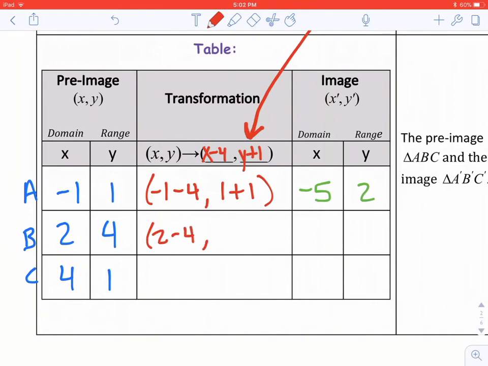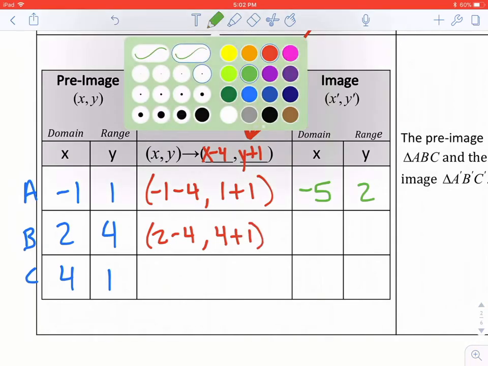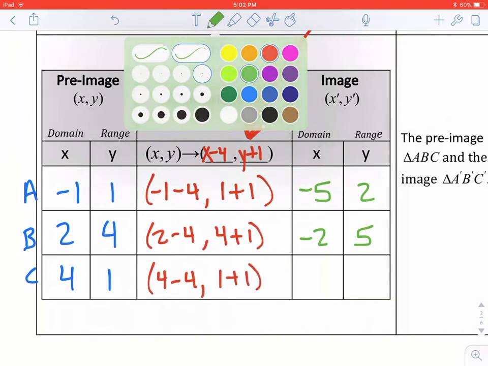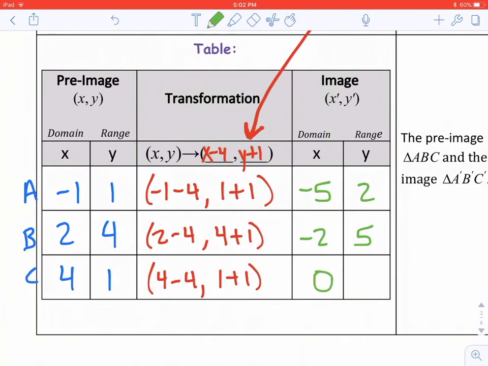So 2 minus 4, and then for the y value, we have 4 plus 1. And then that's going to give us 2 minus 4 is -2, and 4 plus 1 gives us 5. And then for the third coordinate, we have 4 minus 4, and 1 plus 1 will give us 4 minus 4 is 0, and 1 plus 1 is 2.